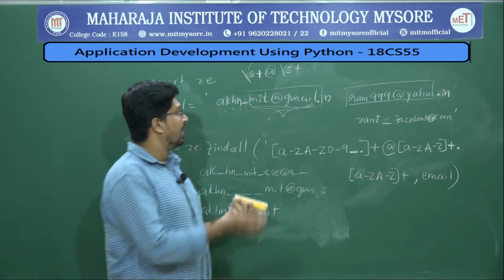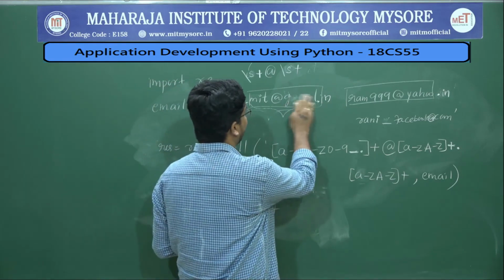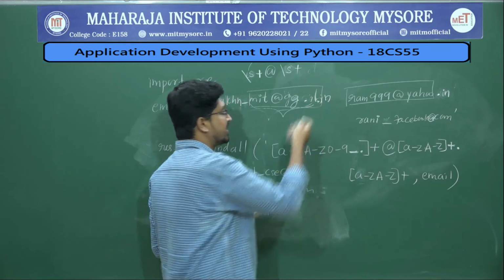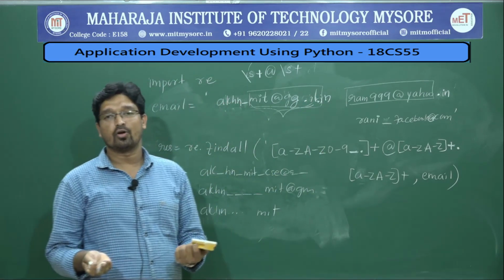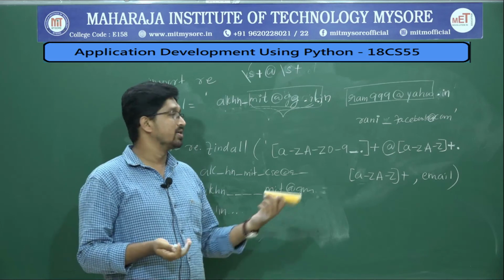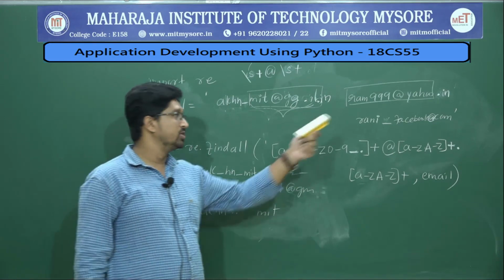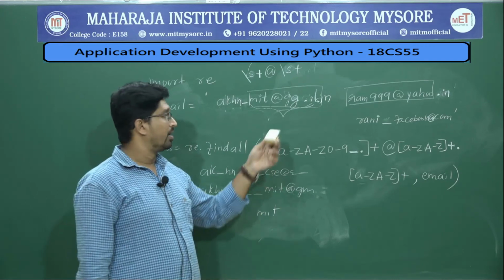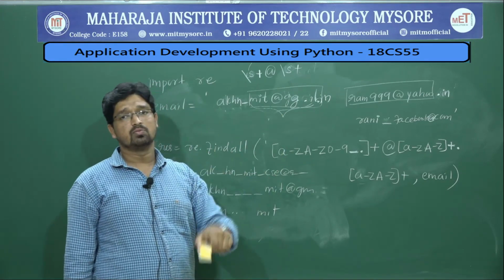Valid in the sense, I cannot say g.in. I don't know whether g.in is valid or not, because I don't know whether there is a company called G. We know gmail.com or facebook.com, yahoo.in or MIT Mysore.in, even that is valid.